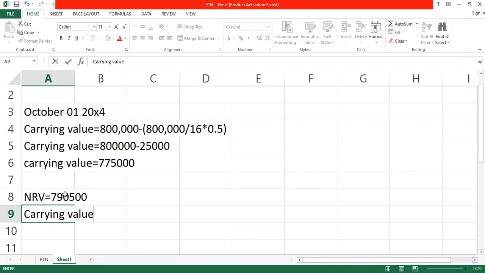But if the net realizable value is lower, it means that there is an impairment of the difference, and we carry the asset at the net realizable value.